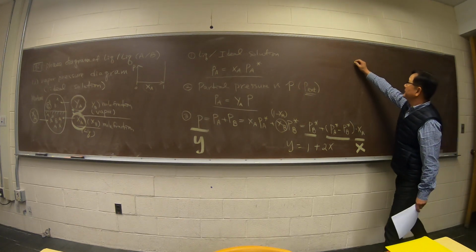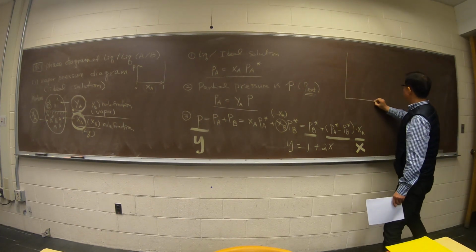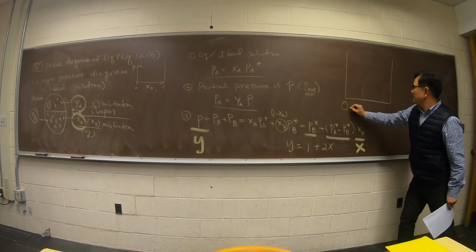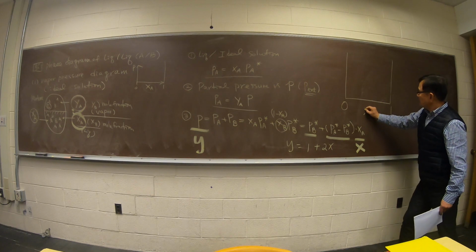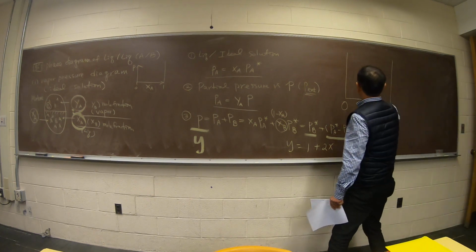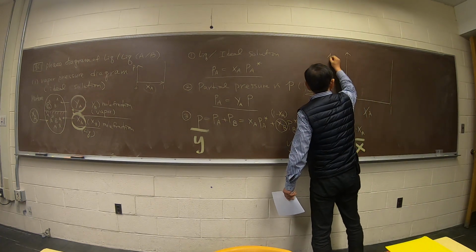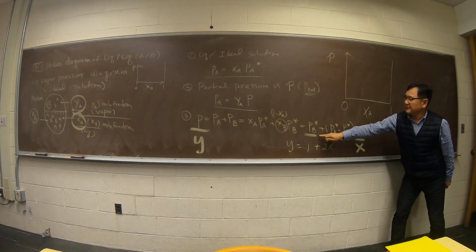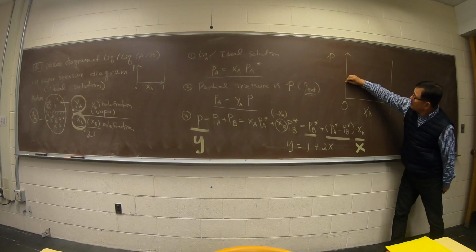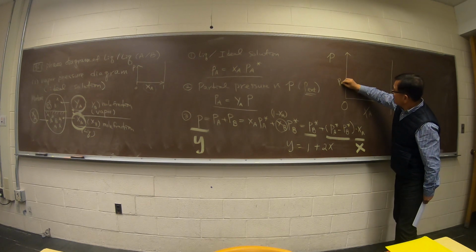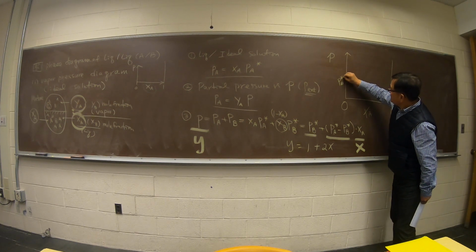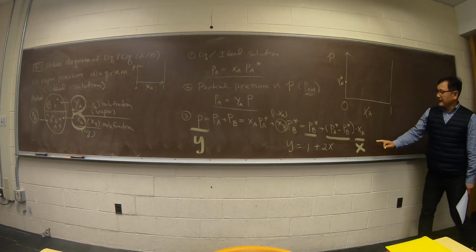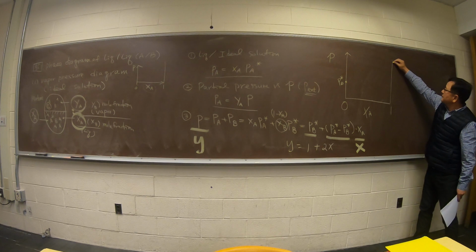Okay, so what am I drawing here now? This is a diagram that I now wanted to draw. 0, 1, XA, and here I am going to write pressure, which is total pressure, and then you start from PB star, which is the vapor pressure of pure B. And then your slope here is on the other side.